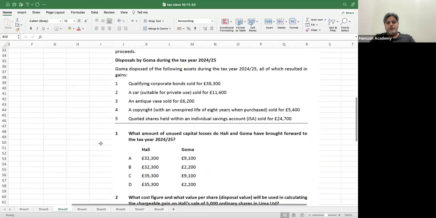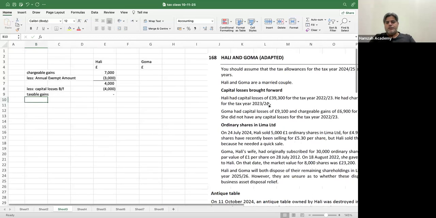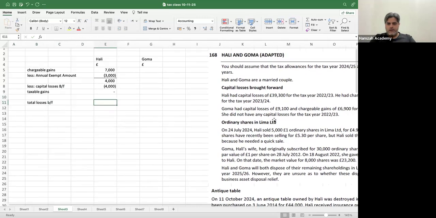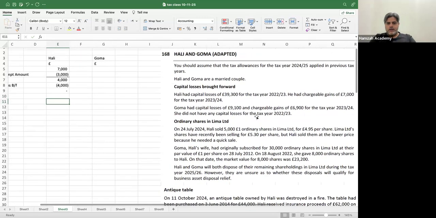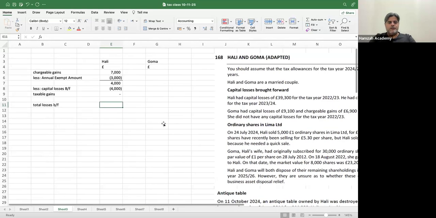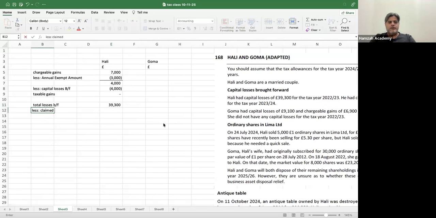And then if I look at the amount of unused losses, the total losses brought forward: Holly had capital losses of 39,300, less claimed 4,000.